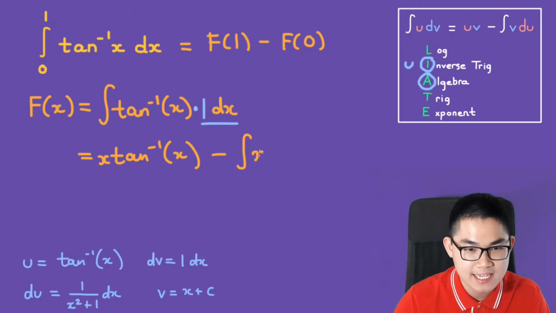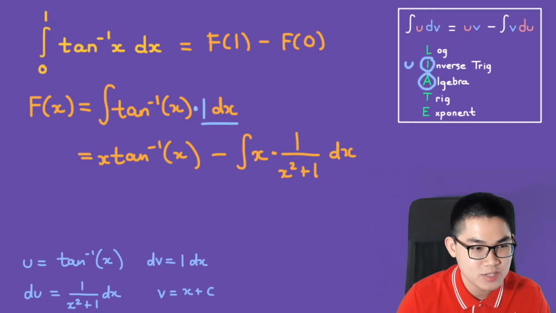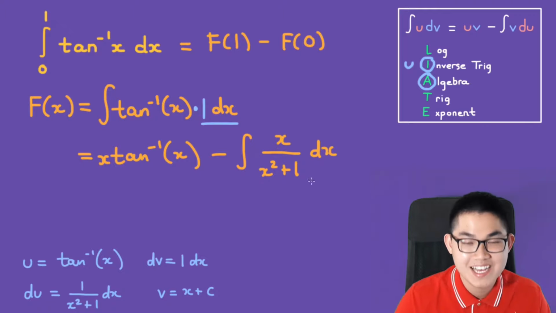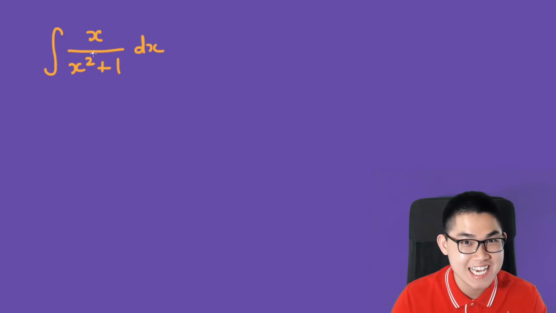So v is x, and du is 1 over x squared plus 1 dx. And I guess we could write it with x in the numerator like this. So let's go ahead and solve this integral. Now this integral here is easy to solve because we can just use u substitution.